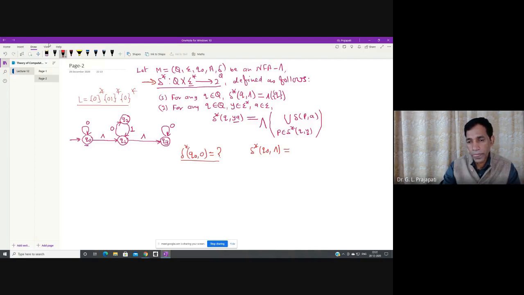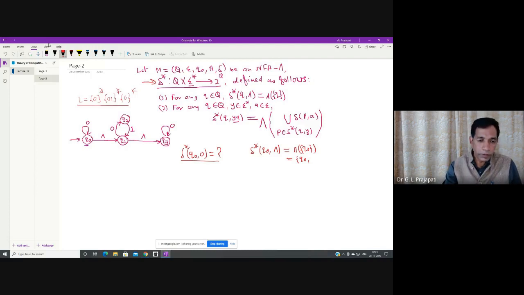You know that you are going to the state q0, and this is the subset, and you have to consider the null closure. The definition of null closure says that every element of the set S is also an element of the null closure, so q0 is one element. From q0 you need to see the transitions for null.